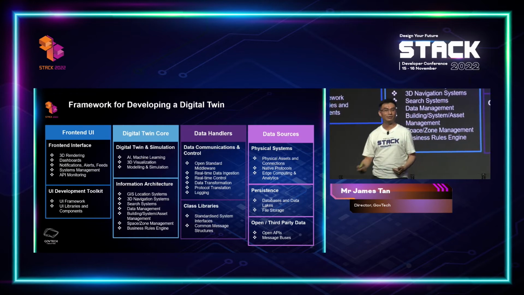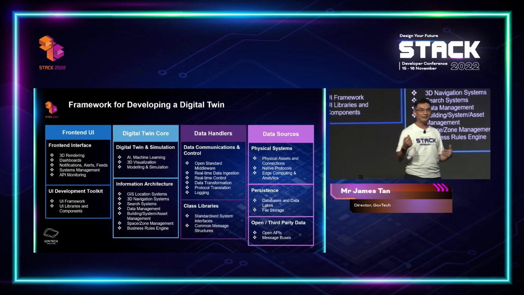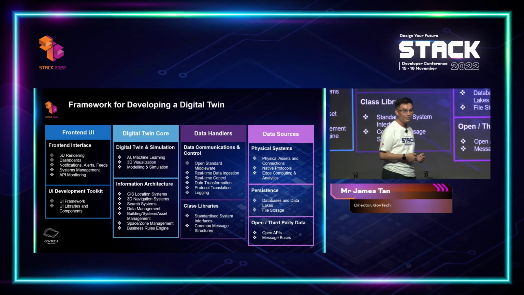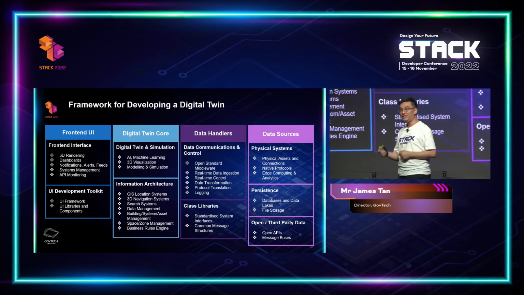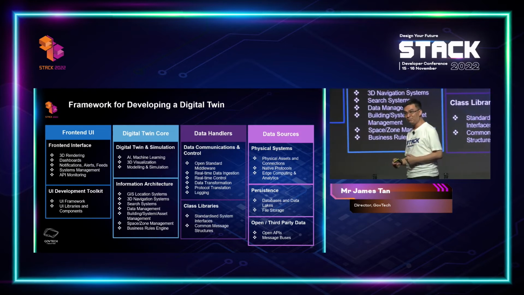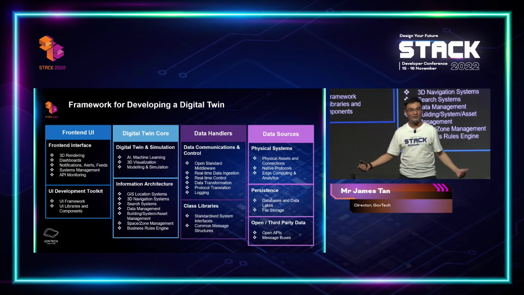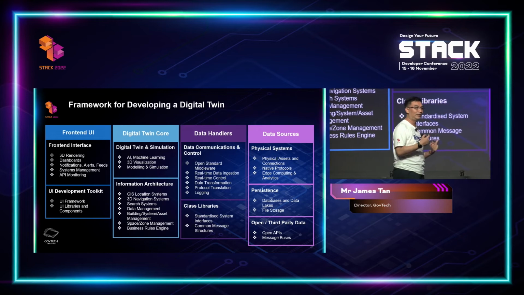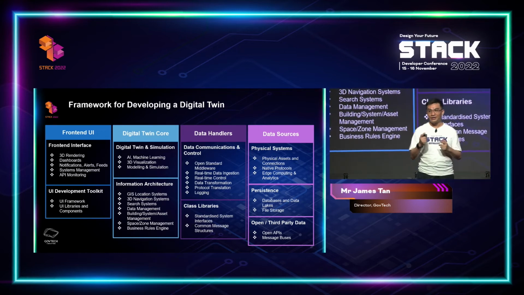When you pipe more and more info, the system just becomes slower and slower. So you need a strategy to handle your data. Hence, you might consider using a middleware that converts all this information into a standardized data model, something that's easily visualized in the digital twin.